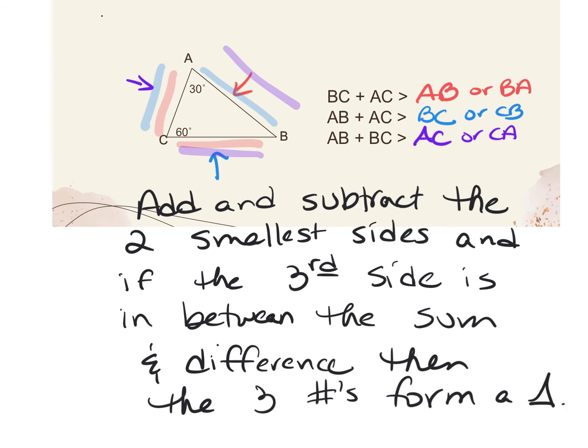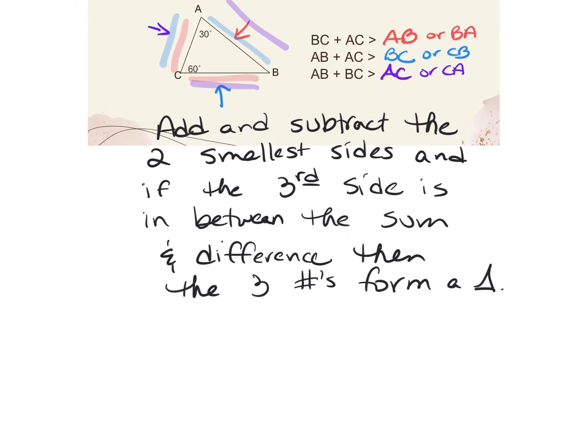So instead of having to add and subtract all three sides to see if it's greater than that third side and do three different inequalities, all you need to do is take the three numbers I give you, and add and subtract the two smaller numbers. If that third side is in between that sum and difference, then it'll form a triangle. So for example, let's say I gave you the numbers 3, 6, and 7.